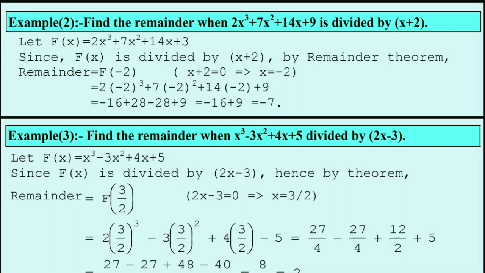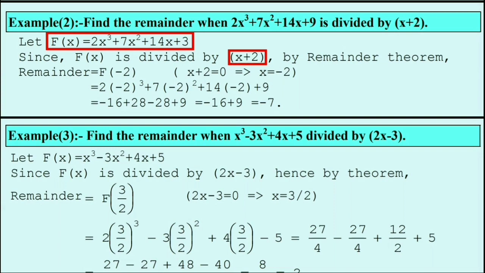Here we find that the dividend is 2x cube plus 7x square plus 14x plus 3, and the divisor is x plus 2. Here too the process is same. To make x plus 2 zero in that equation, so that the right hand side becomes 0 but r survives, and this way we can find out the value of r.